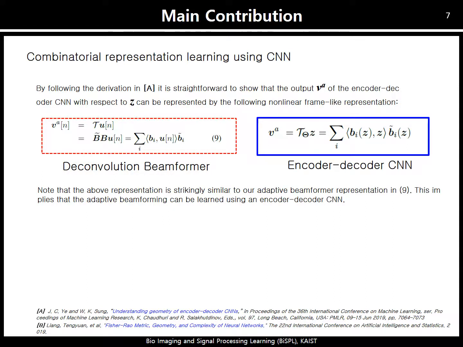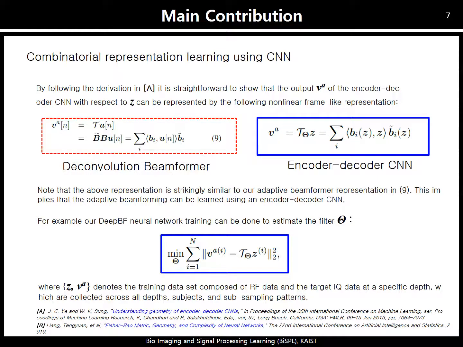For example, the neural network can be trained to estimate the convolution filter, which has coefficients theta, and can be represented as follows, where Z and VA denote the training dataset composed of RF data at a particular depth, and VA is the IQ data at the same depth, which are collected across multiple depths, subjects, and subsampling patterns.